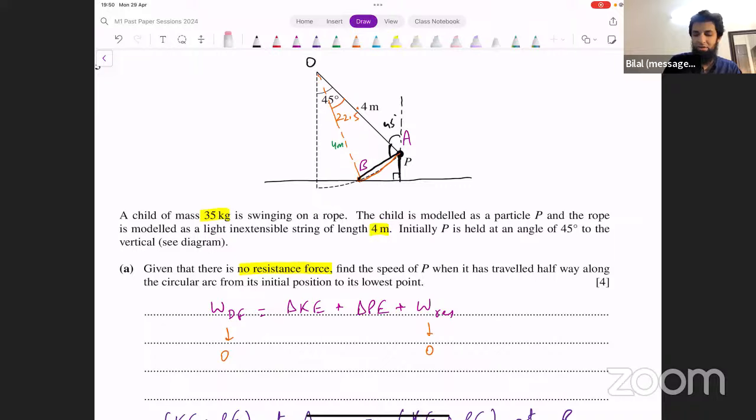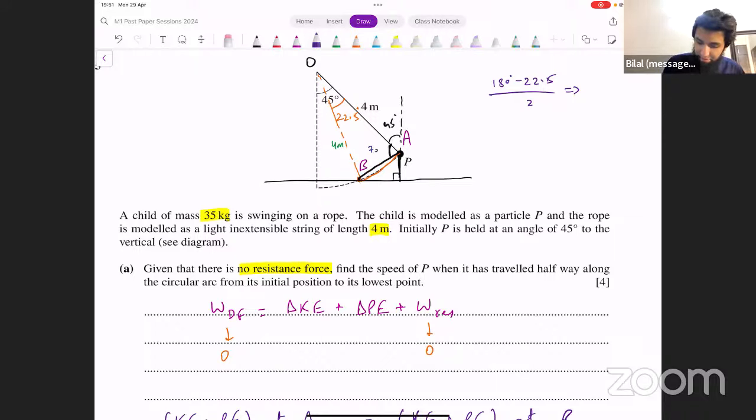How would that be calculated? 180, the sum of all angles in this triangle, minus 22.5 divided by 2. Let's see what that gives me. 180 minus 22.5 divided by 2, that's giving me 78.75.